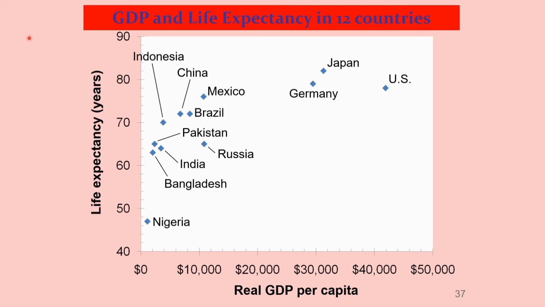And those countries with lower real GDP per capita, such as Nigeria, Bangladesh, India, are also those countries that have lower life expectancy, so lower lifespan. So we can conclude that real GDP per capita and life expectancy are related or positively correlated.